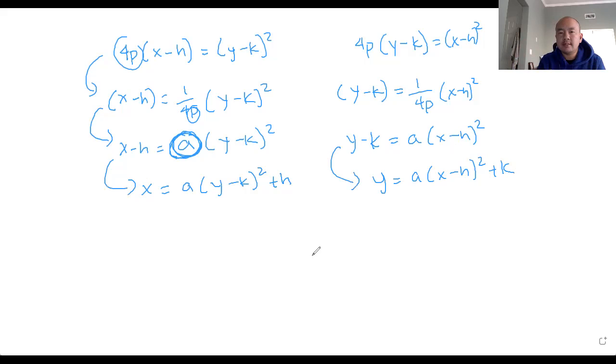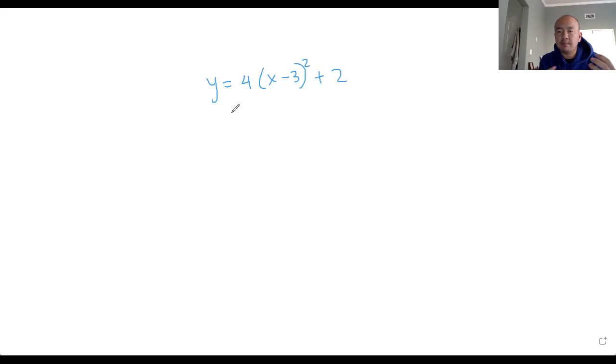All right. So let's say we had a problem like y is equal to, I don't know, let's just say 4 times x minus 3 squared plus 2. This problem isn't that much different from the problems that we had before. Don't freak out if you're not familiar with this.